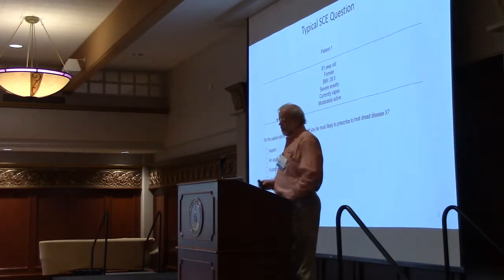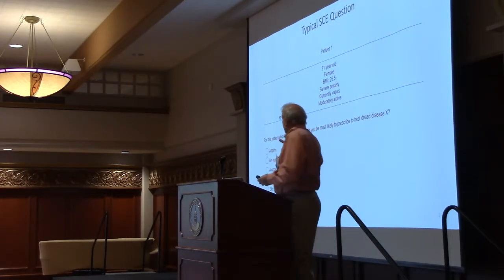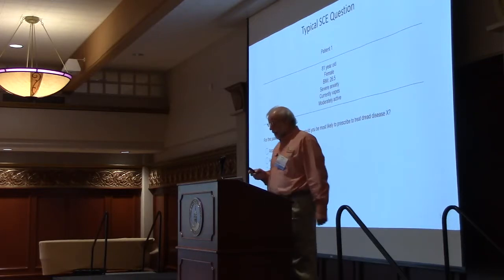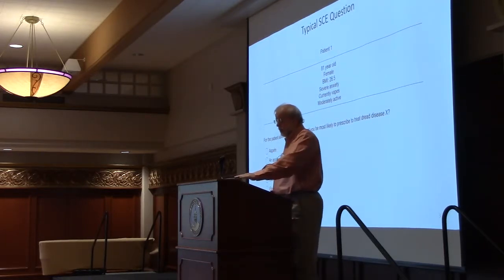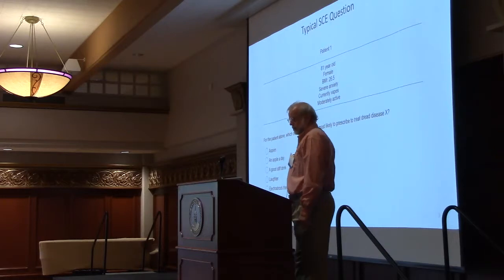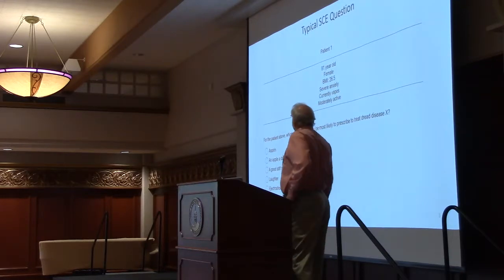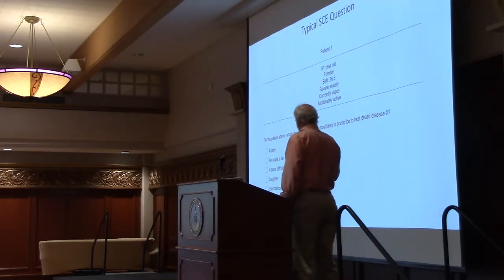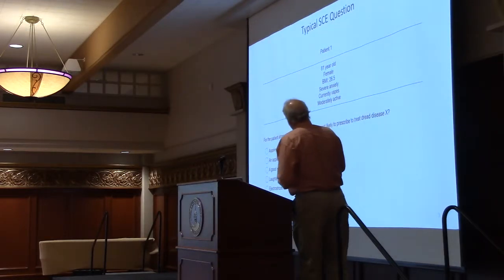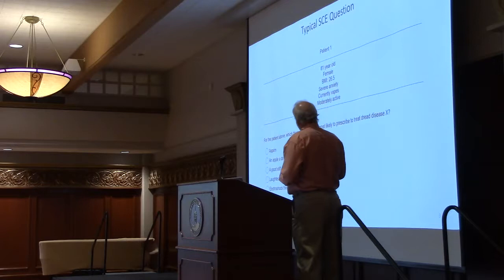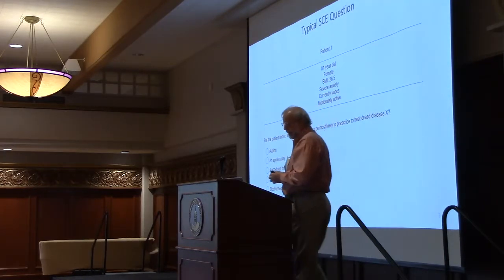So here's a typical example, disguised a little bit of course. A typical situational choice experiment might have 10 or a dozen questions like this. We've got a description of a patient here. This is an elderly female patient with a certain body mass index, and some other facts about her.